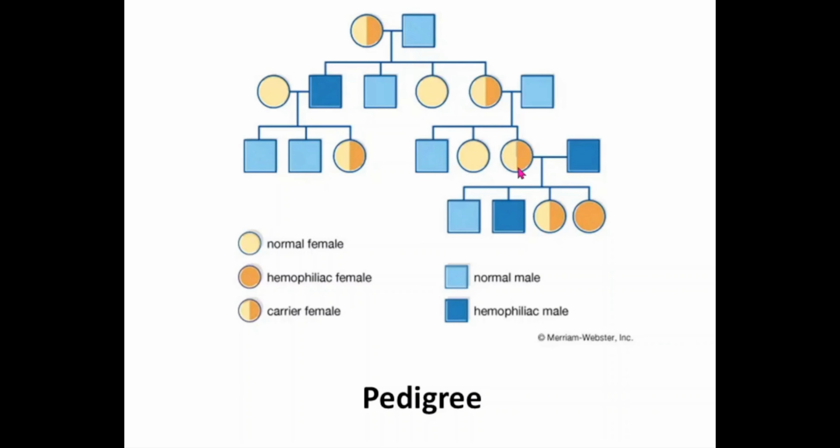Then let this carrier female marry this individual, a hemophilic male. Then among the children, one may be normal, the other may be a normal male, a hemophilic male, a carrier female, and a hemophilic female.